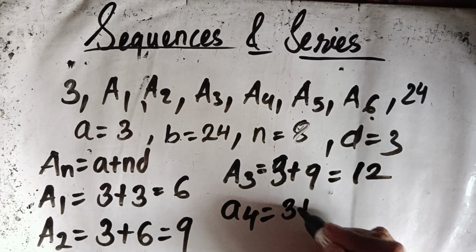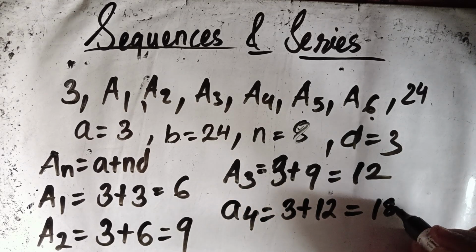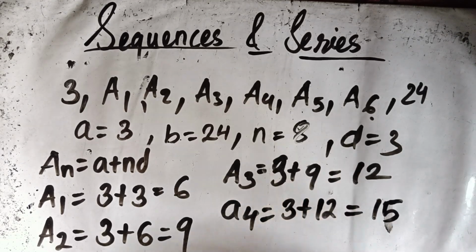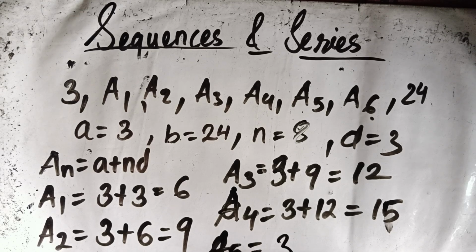A4, 12, 15. A5, oh, this is capital A. And A6 is 21. Okay, so these are the 6 numbers.